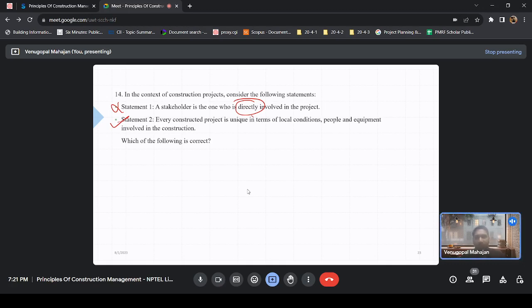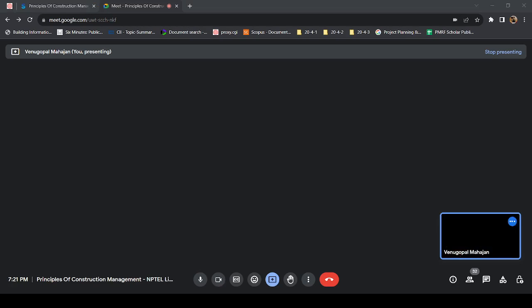But how can a scope of work be the project? Okay, I will need a couple more answers before moving forward, because this is a good point here.